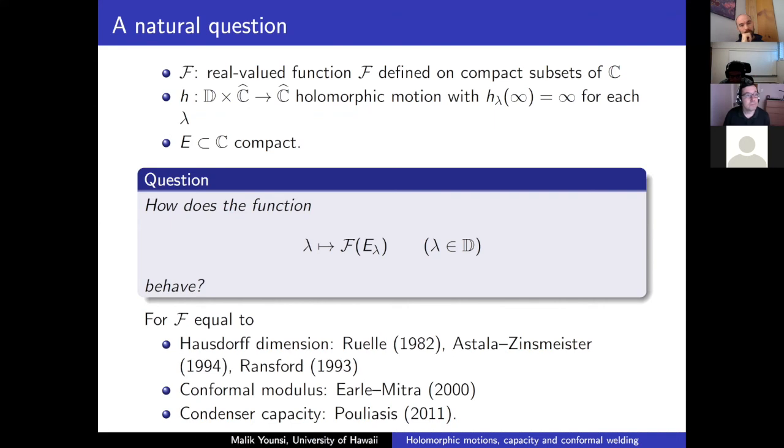That's a result that I think follows from the thermodynamic formalism and Ruelle-Bowen formula and stuff like that. In general, though, if you have a general holomorphic motion, then the Hausdorff dimension need not vary in a real analytic way. I believe there's a counterexample looking at the Hausdorff dimension of limit sets of Fuchsian groups. There's probably a paper by Astala and Zinsmeister on this.